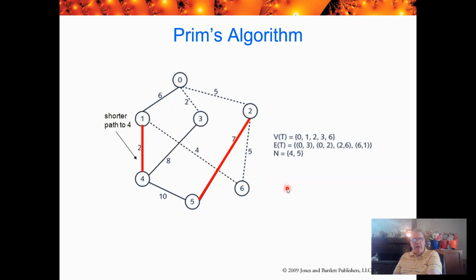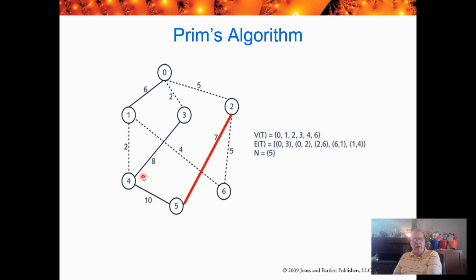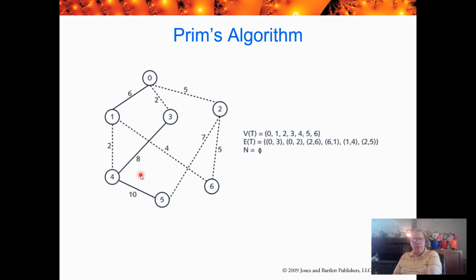And that's the one. And again, we eliminate 3 to 4 because we can get to 4 from 1. And we keep going until we get the minimum spanning tree.